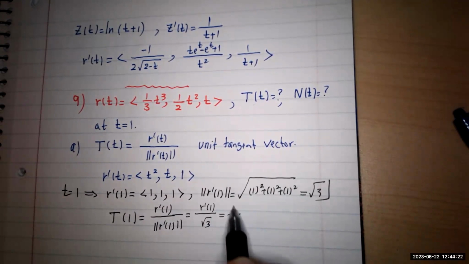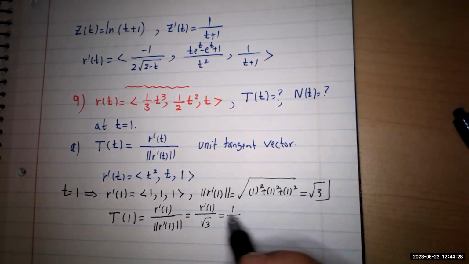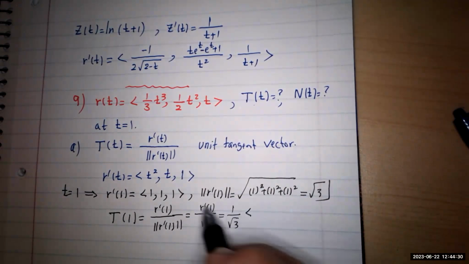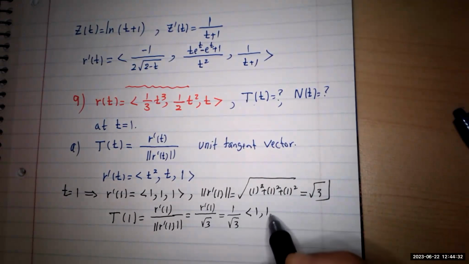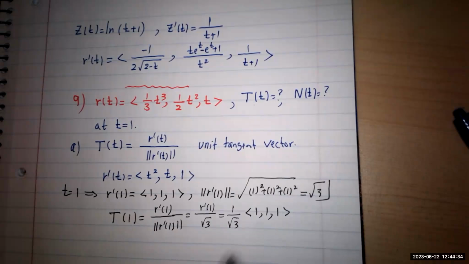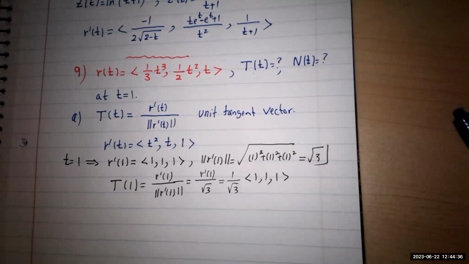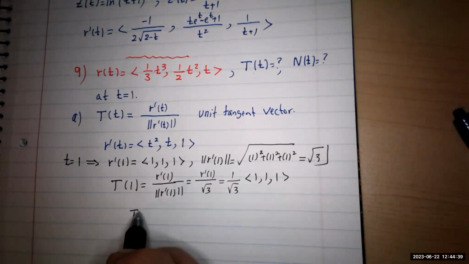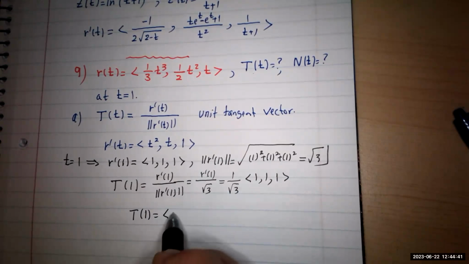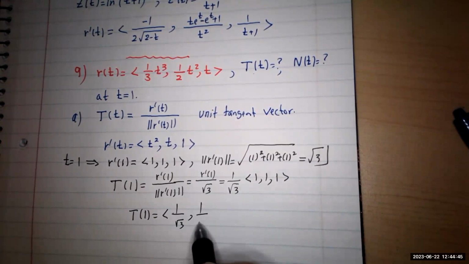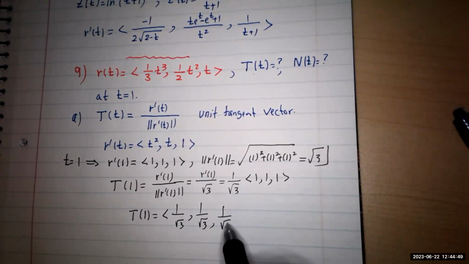So this would be 1 over radical 3, times the vector (1, 1, 1). You have to take the 1 over radical 3 inside. So T of 1 is equal to (1 over radical 3, 1 over radical 3, 1 over radical 3).